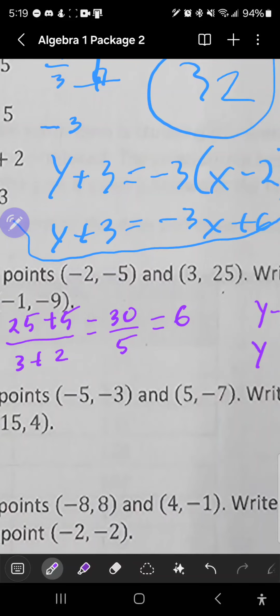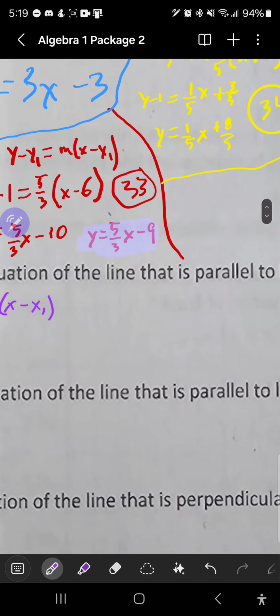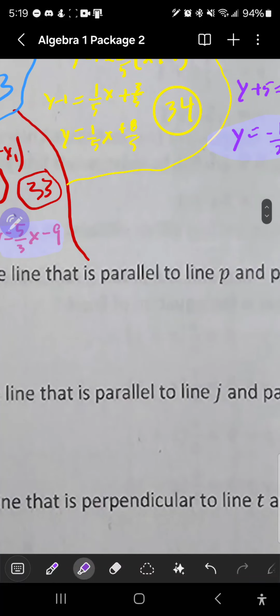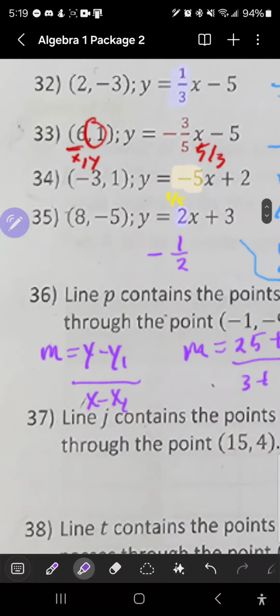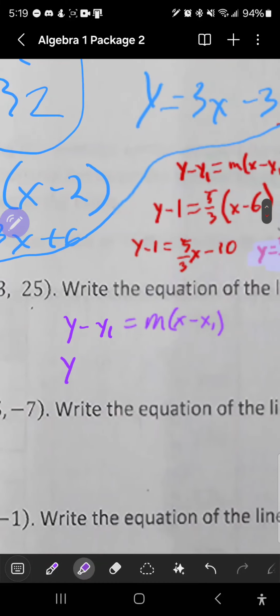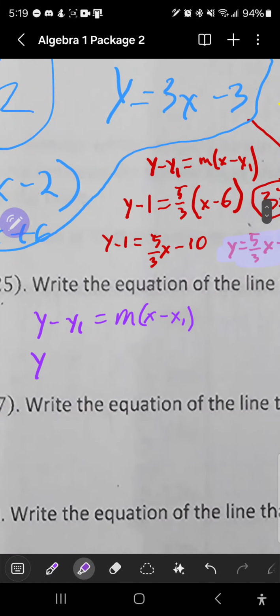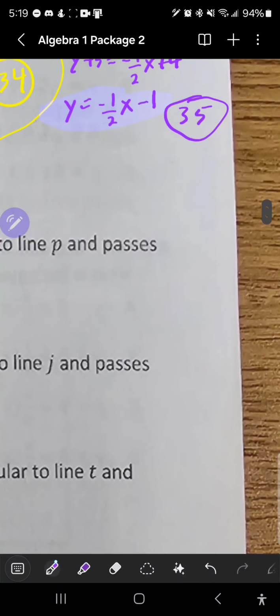Also, I'm getting a little bit ahead right now. First, you see that we need to write an equation that is parallel. You might think, what does it mean? So basically it means that it needs to have the same slope. It's not the same y-intercept.